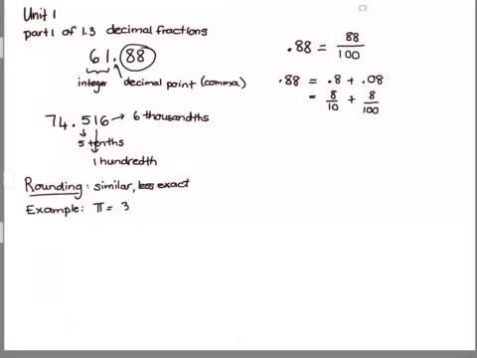Pi is 3.1415926535, and it goes on forever. So actually we can never write the exact value of pi because it's a never-ending number. Notice your decimal point there.